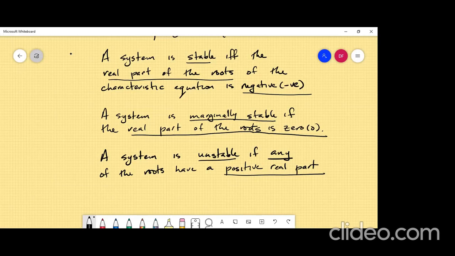Oh, before we look at a problem, I just want to establish one final thing. I should have done it last week, but it's never too late.